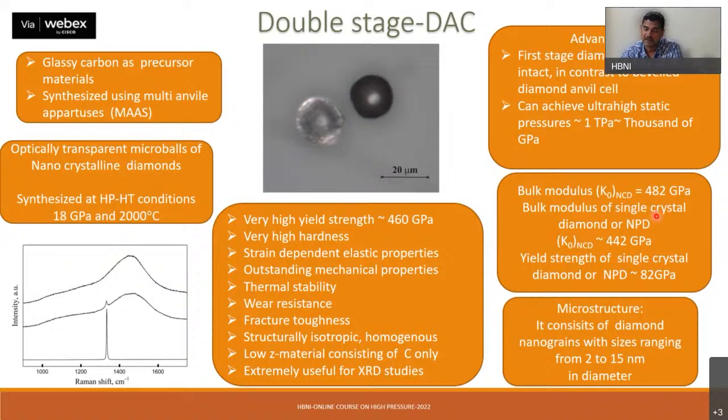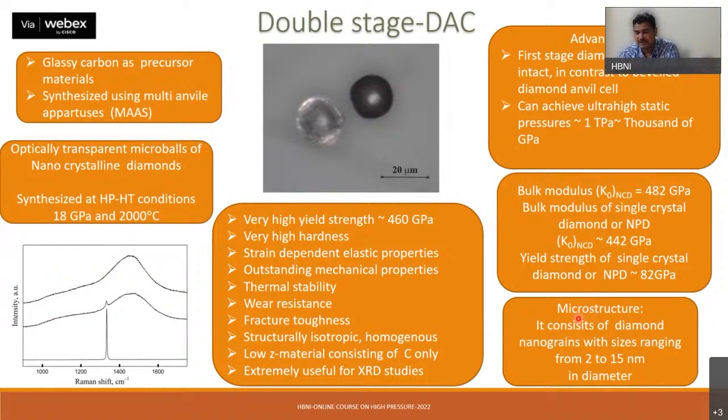The bulk modulus they have determined for these nanocrystalline diamonds is 482 GPa, compared to the bulk modulus of single crystal diamond or nano polycrystalline diamonds, that is 442 GPa. So this has higher bulk modulus than even the single crystal diamond. And of course, yield strength of single crystal diamond is only 82 GPa, while yield strength of these nanocrystalline diamonds is almost 460 GPa. Why do these nanocrystalline diamonds have this kind of property?